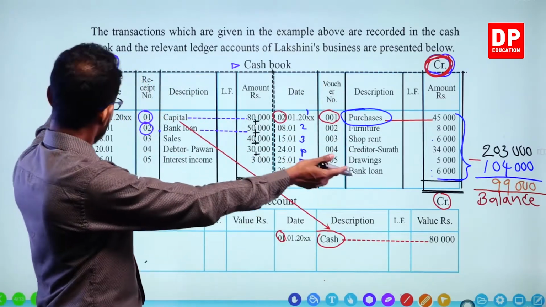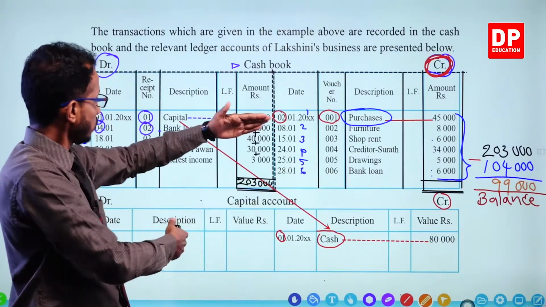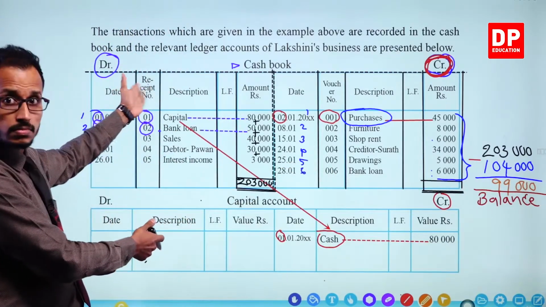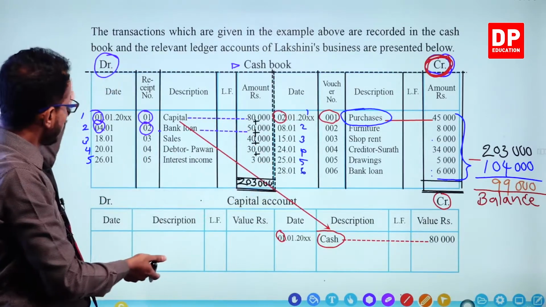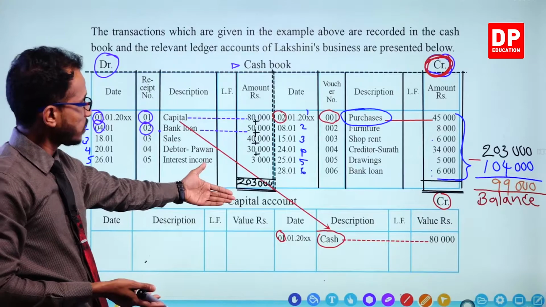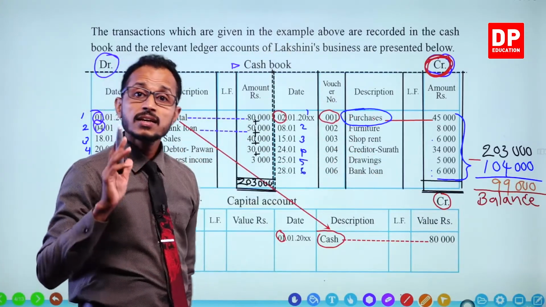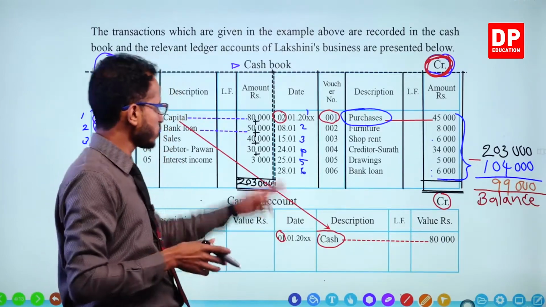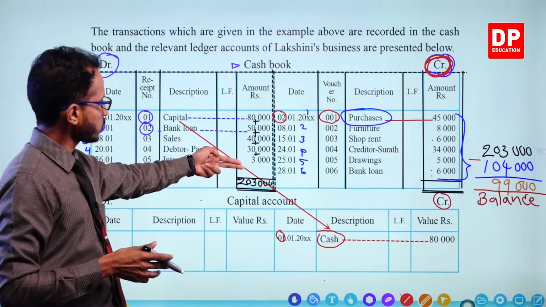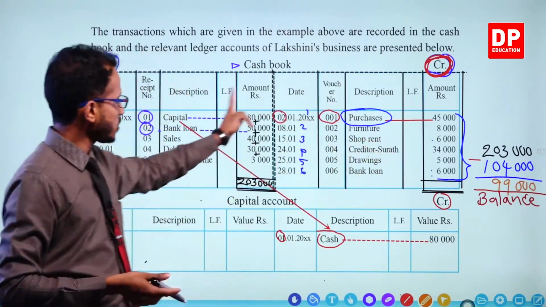Look at the sides, the debit and credit sides. Guess on which side you have the greater total. When you sum up all the amounts, on which side do you get the greater total? That is on the debit side.